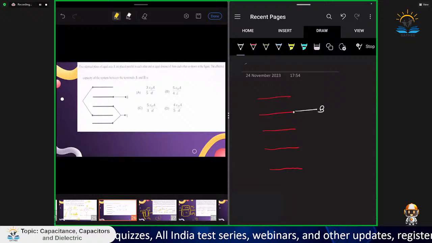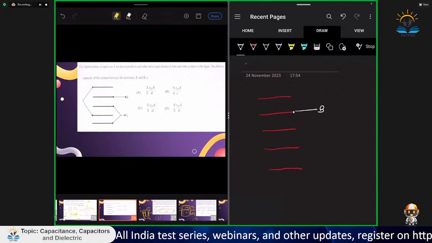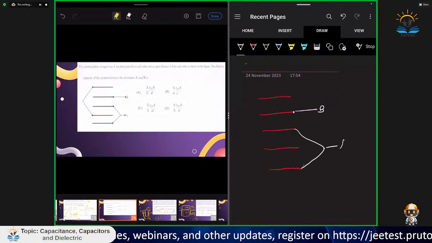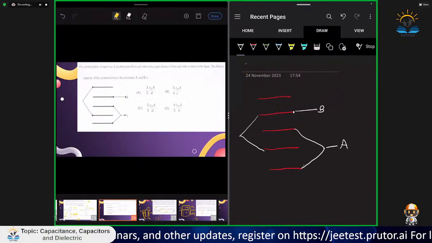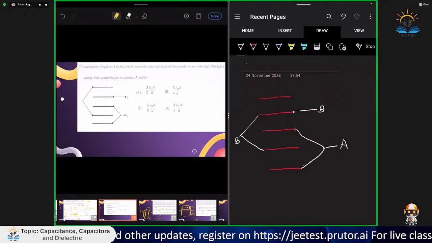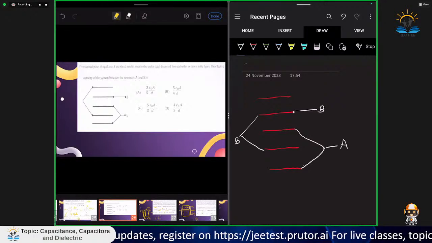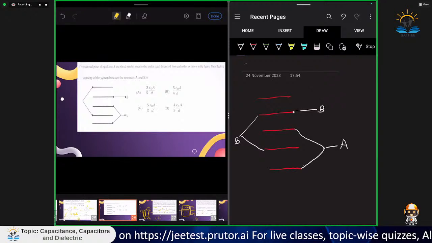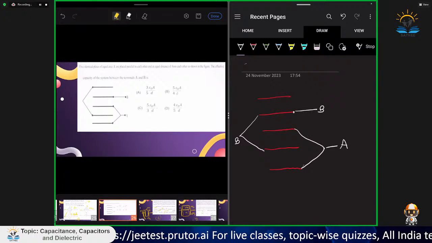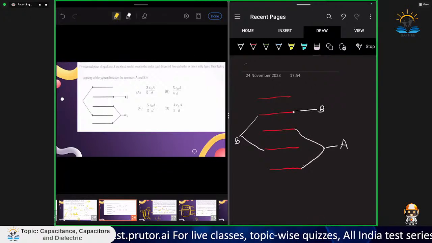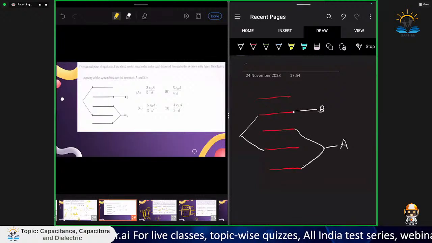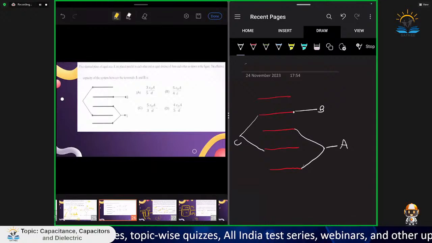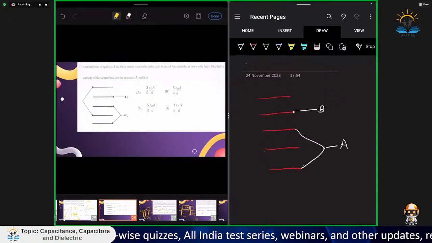A is connected to B. So this is not B, this is D. Let's name it C. No, wrong diagram.